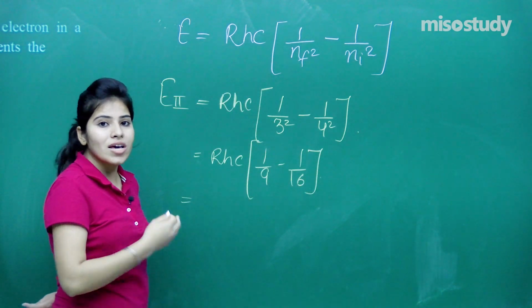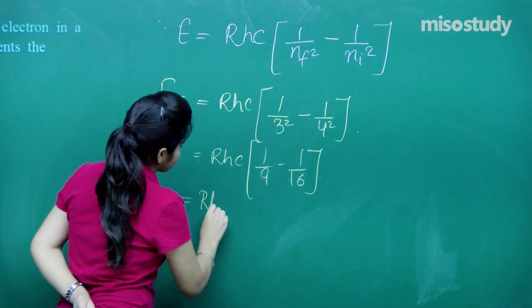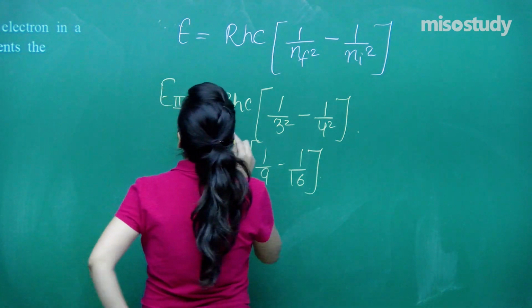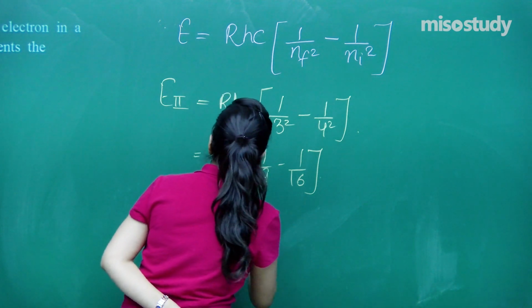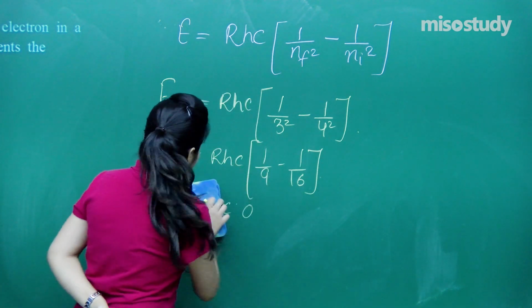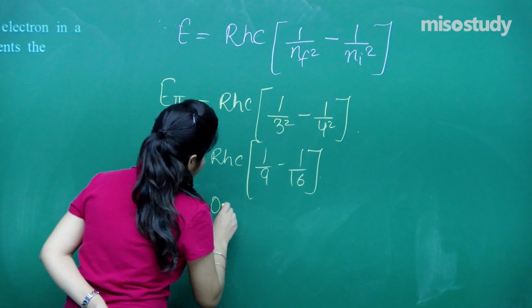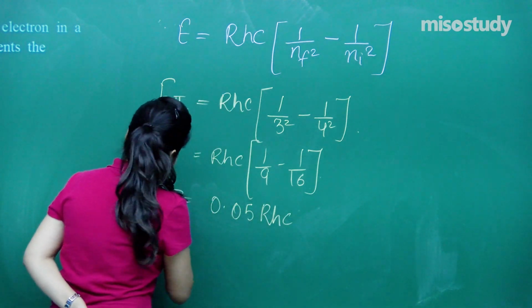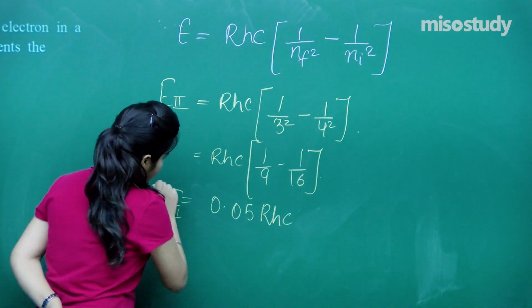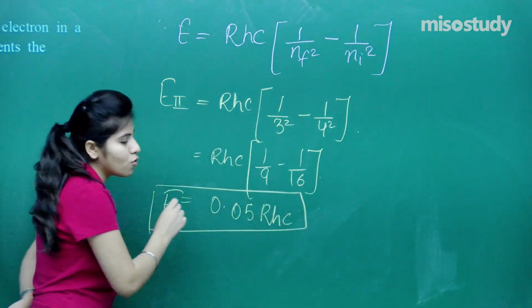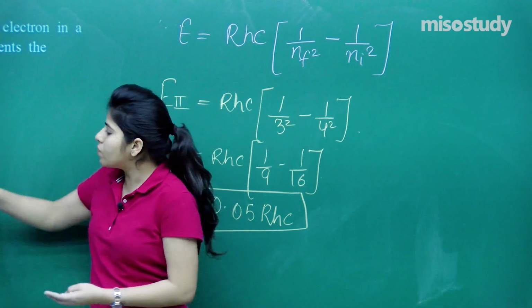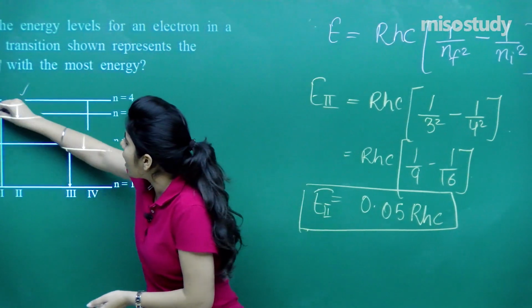Whatever your value will be, if it is coming from 4 to 3, in this case your value comes out to be 0.05 RHC. If you solve this, you will see that E2 comes out to be 0.05 RHC. Now we will be moving towards the third one. We have discussed this and this.